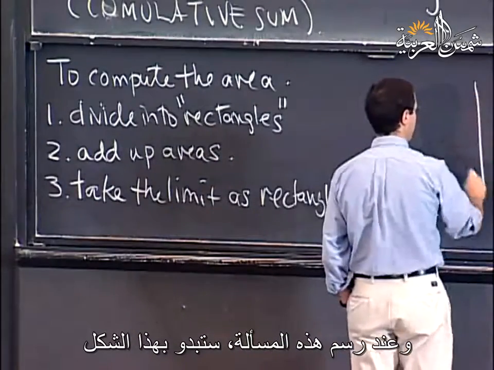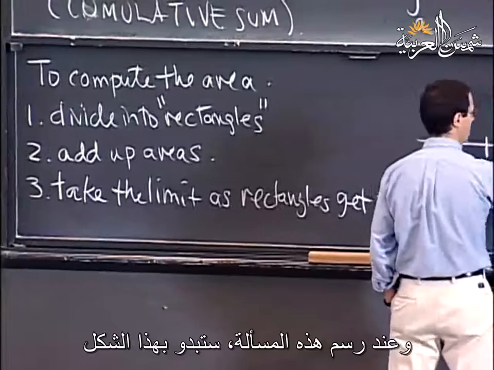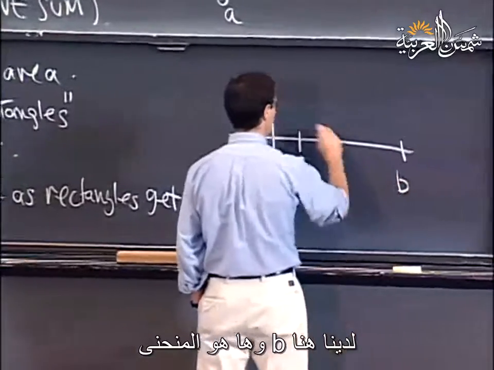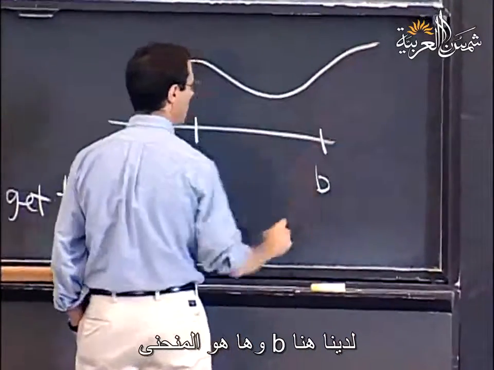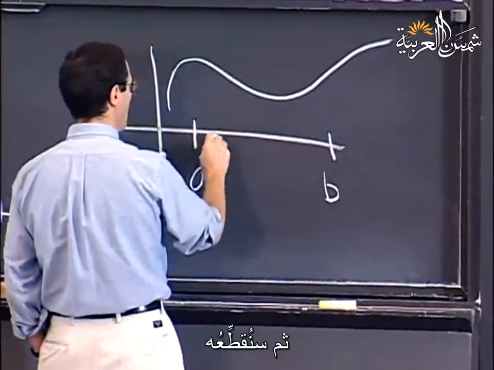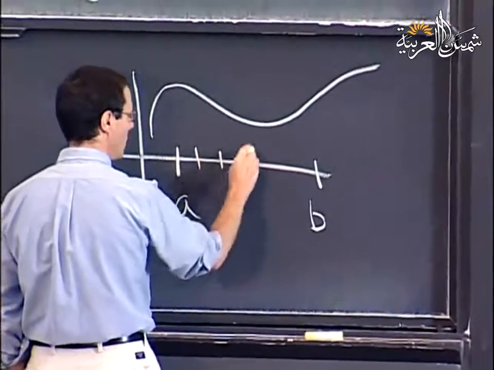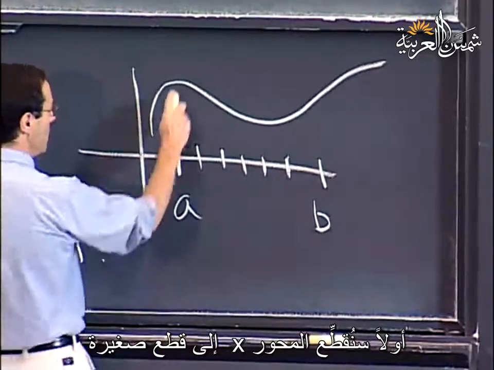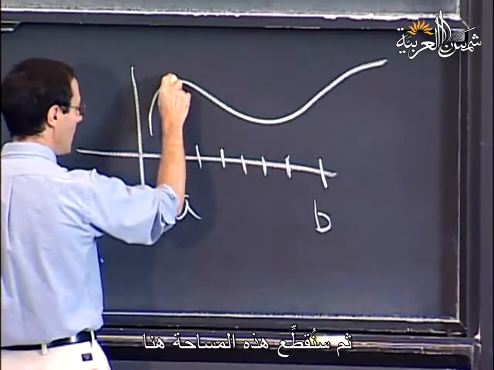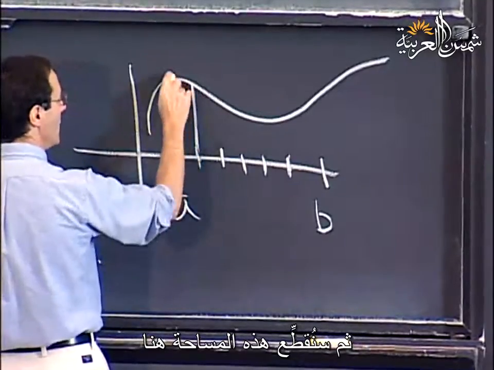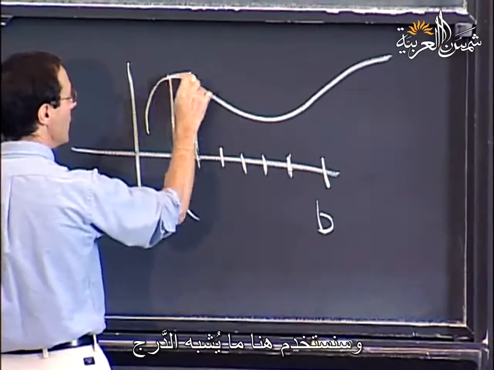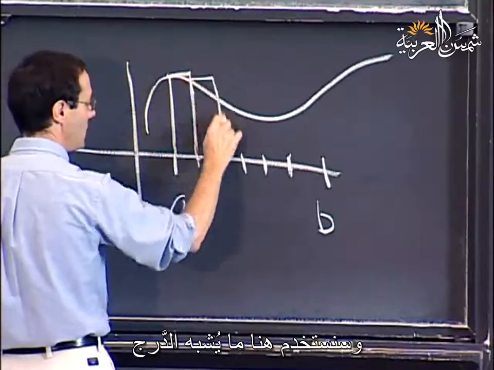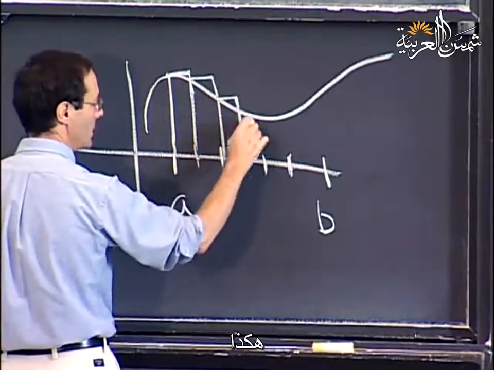Pictorially, again, that looks like this. We have A and our B, and we have our curve here. And I'm going to chop it up. First, I'm going to chop up the x-axis into little increments, and then I'm going to chop things up here, and I'll decide on some rectangle, maybe some staircase pattern here, like this.